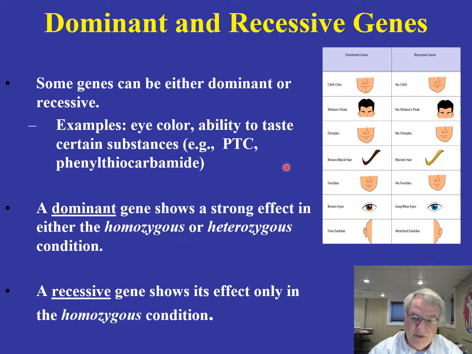A dominant gene shows a very strong effect in either the homozygous or the heterozygous condition. A recessive gene is really only showing its effect in the homozygous condition. So understanding some of the basics of dominant and recessive genes is important as we move along.